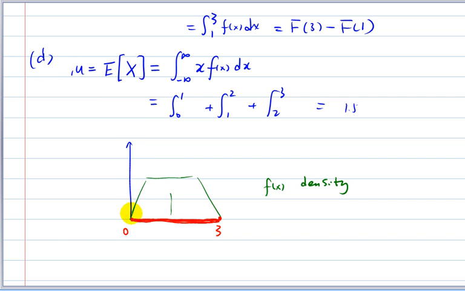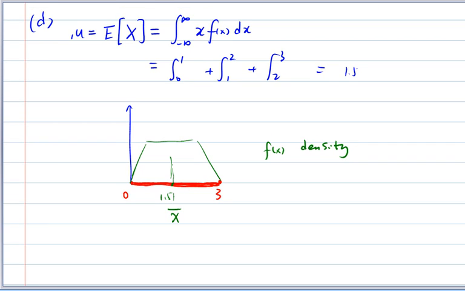And for this question, the density distribution is symmetric. So very naturally, the centroid of this piece of wire must be in the center of the wire, which gives the average value x bar, and of course that is 1.5. So that's a quick way of calculating that.